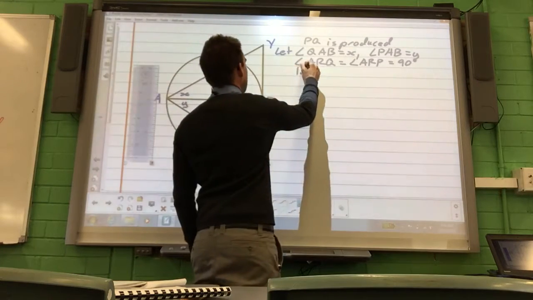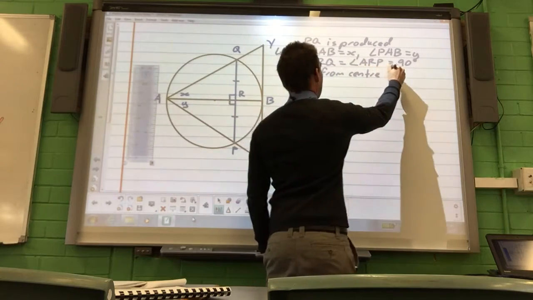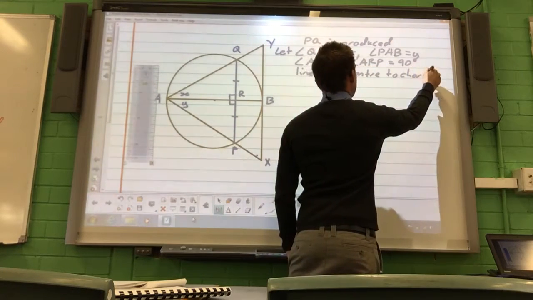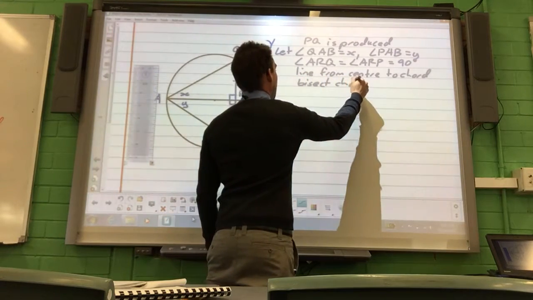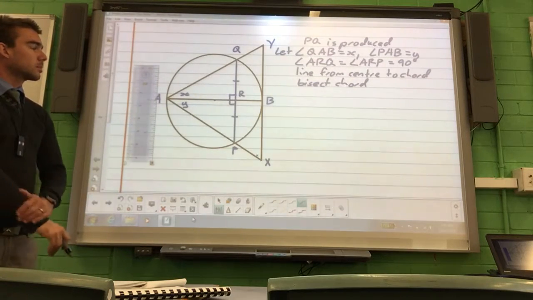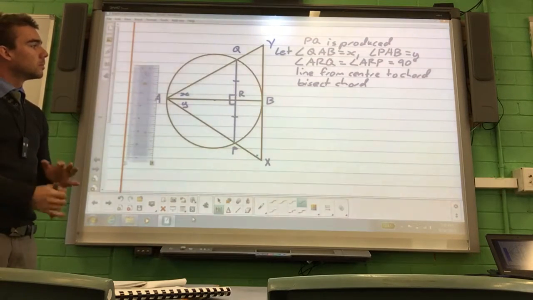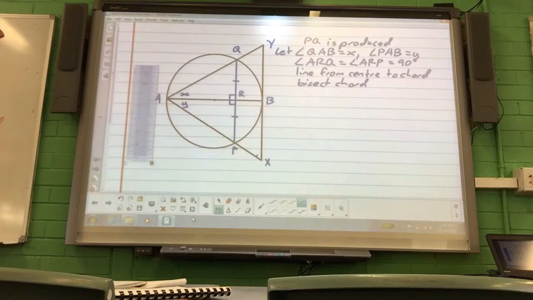Okay, so line from centre to chord will bisect chord. Actually, no. No, back to my original proof.